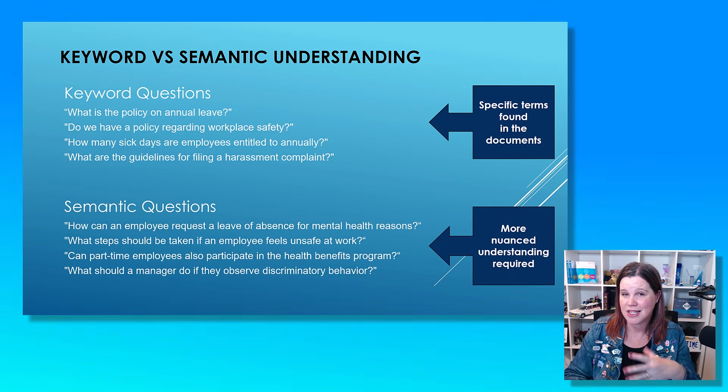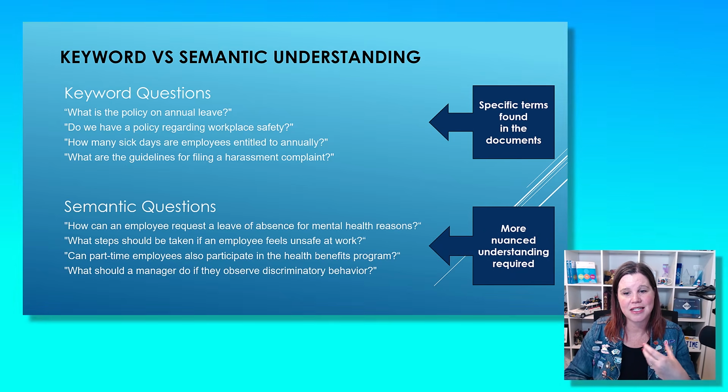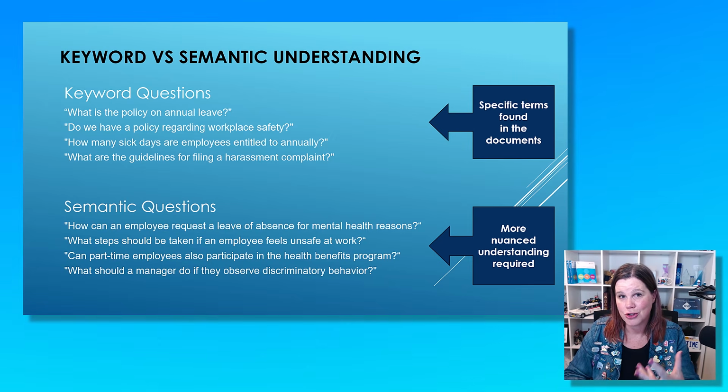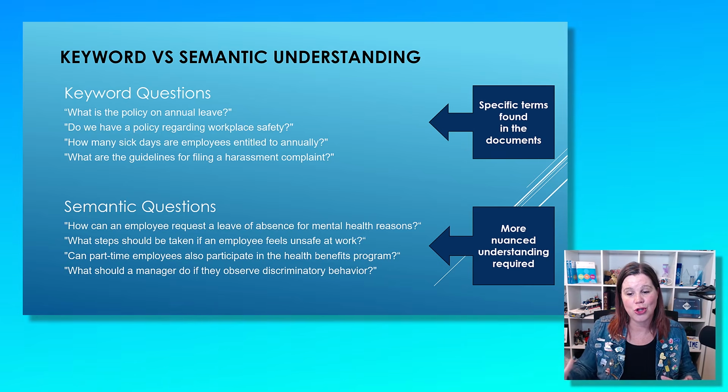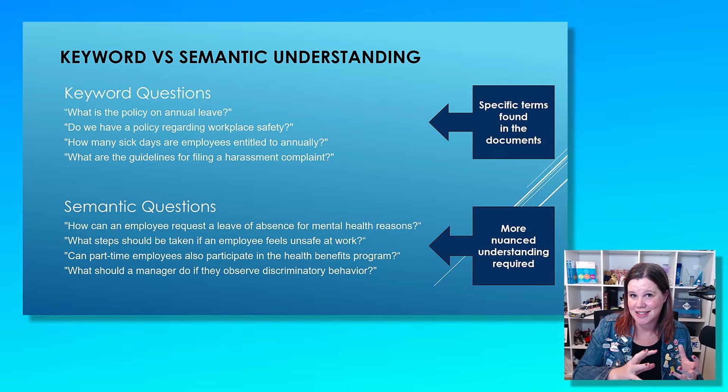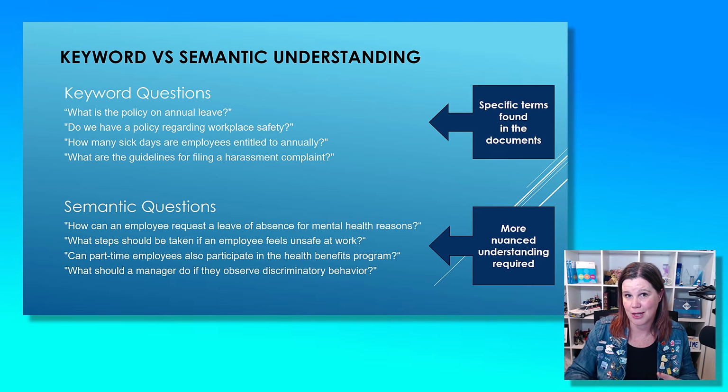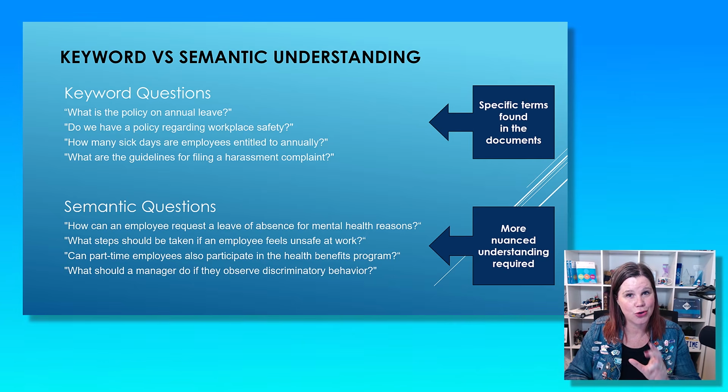With the vector indexing and that semantic understanding, you start to get more nuance in the questions. You can start to ask more sophisticated things that might require some reasoning, or that use language that is different from those literal keywords. So let's have a look at the two things that we can enable in here that really, really change that experience.